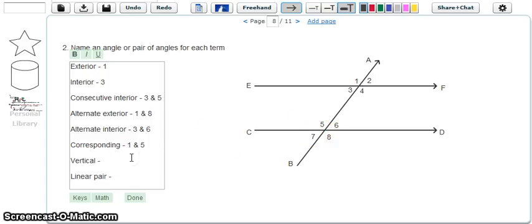Vertical angles, one example we can pick would be simply 1 and 4 because they are equal to each other and they are simply opposite of each other, as you can see 1 and 4 are. Finally, we're going to look for a linear pair. Linear pair means that the angles are 180 degrees when they're added up together and that they're on the same line. Not necessarily on the same line, but for this example we'll say we're on the same line. We can simply go with 5 and 6 because they're on the same line, and together we know that they equal 180 degrees.